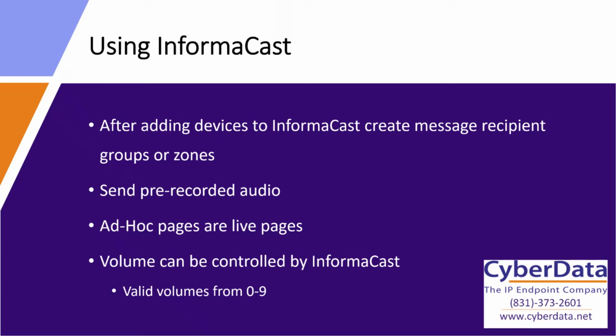I believe they support MP3 and WAV files that you can upload to the InformaCast server. And you can set up, say, for example, different calls to a specific number, for conversation's sake 123, to trigger a particular pre-recorded audio message. So that could be things like, say, a fire drill, an earthquake drill, what have you. For that type of thing, or actual emergency scenarios.